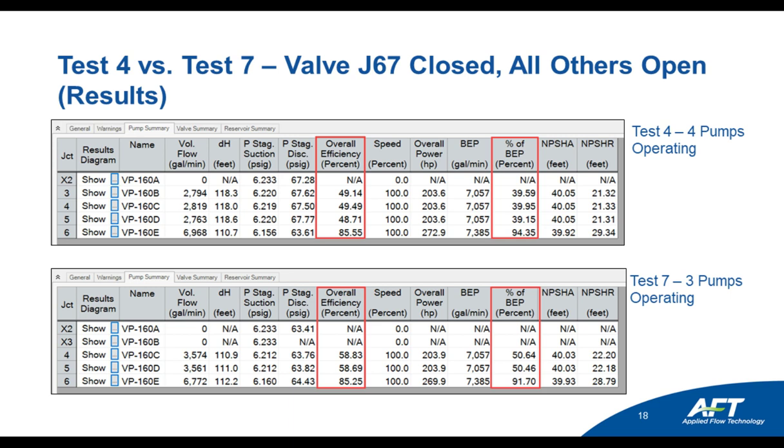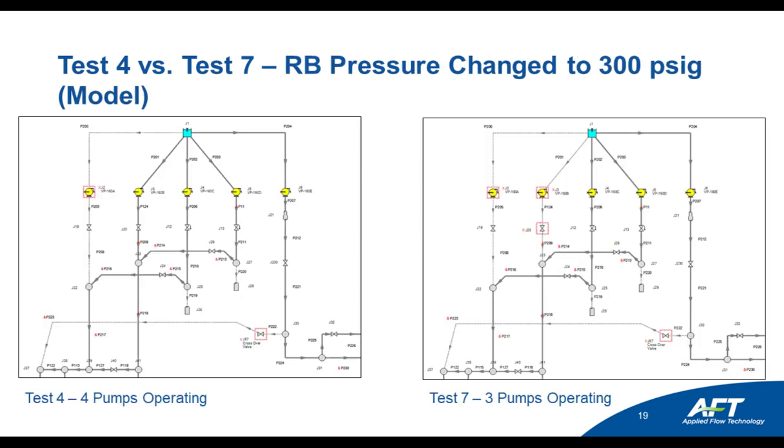But again, this is just another scenario that they were testing. We're not done yet in finding where things should actually be operating. So the last scenario that they looked at was, what if they increased the cavern pressure to 300 psi?